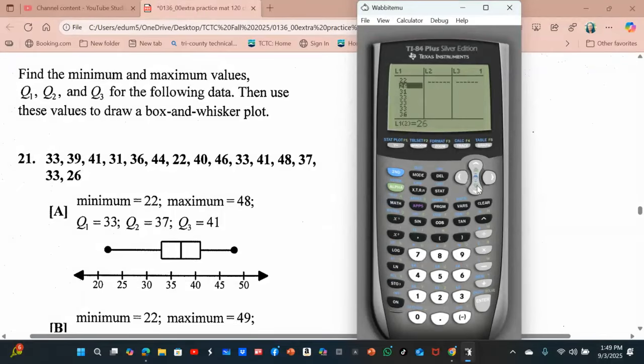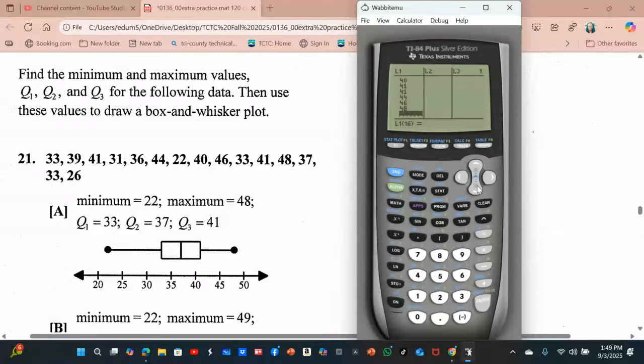Let's see what the maximum number is. The maximum number is 48. Therefore, the range is 48 minus 22, and that is 26. So we already found the minimum number, the maximum number, and the range.